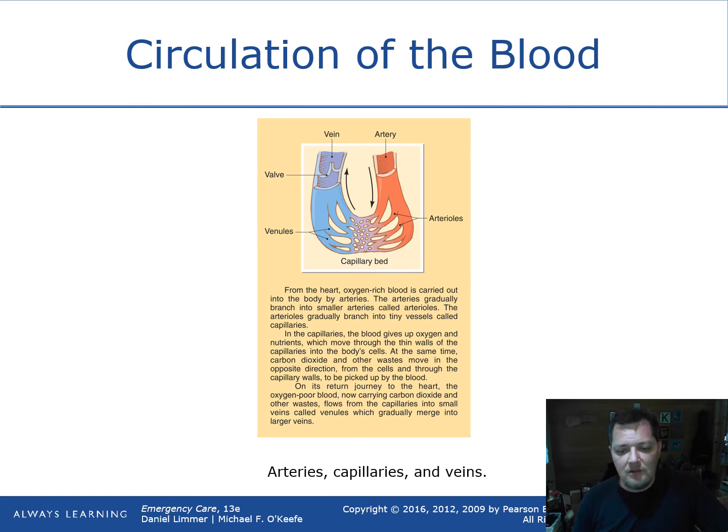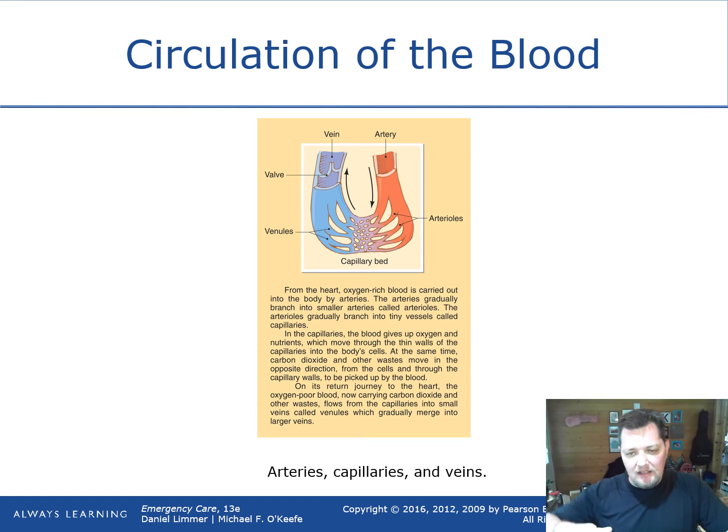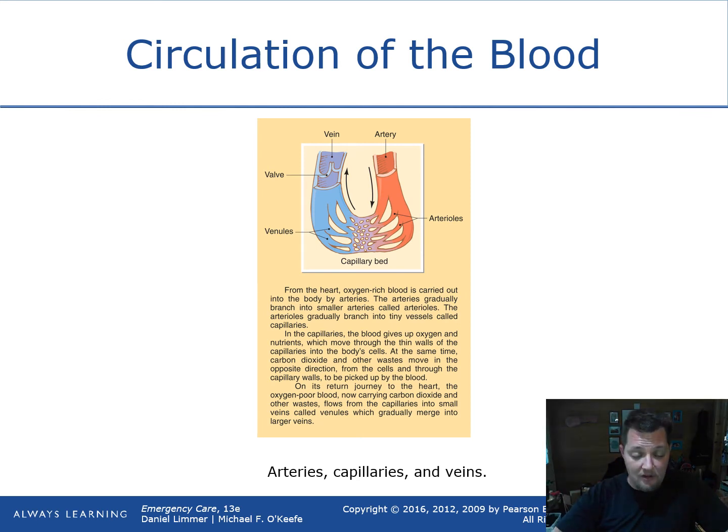All right. So arteries, capillaries, and veins. Remember back to that one slide where I was showing you how the blood flow went through the heart. When it goes up into the aorta and down to the descending aorta behind the heart, and then goes into the abdominal aorta, at the abdominal aorta it then splits off into arteries.